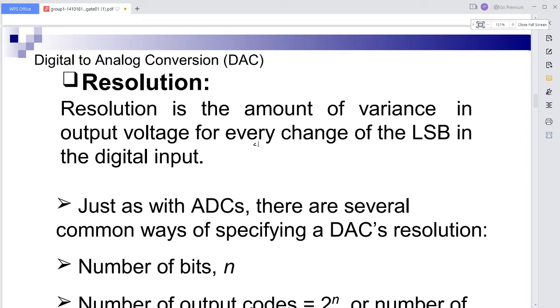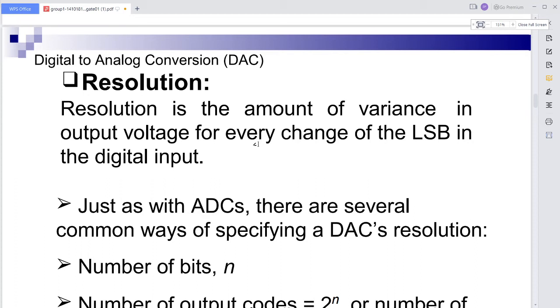Obviously, in case of anything, the output must be in significance with the input signal only. If I change a single bit of information, the output has to change also. Then how much can the output be varied if I change the LSB, the bit which has the least significance?